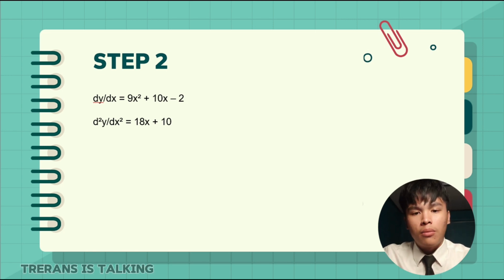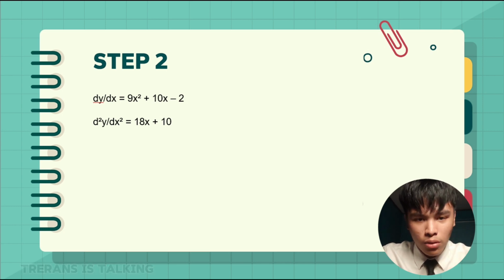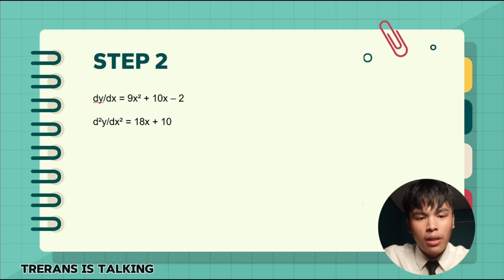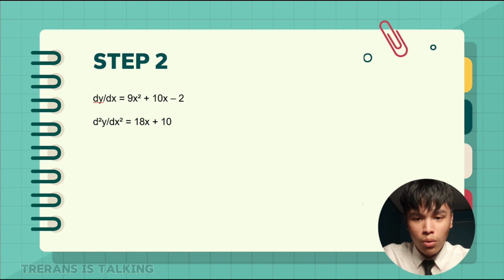Then the same step for 10x, which is bring forward the power of 1 then minus 1, and the x will be just 1 times 10 and get just 10. So how about the minus 2? Okay, so minus 2 doesn't have a variable, so the value goes to 0.